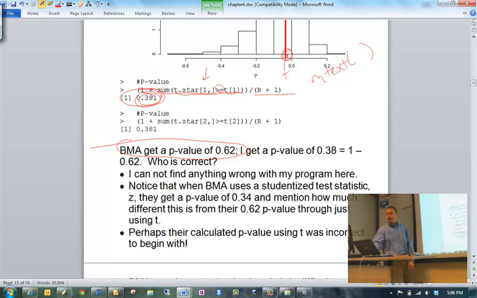It's kind of close to 0.38. And they remark, well, geez, this is kind of strange. Our p-value from this approach I got is 0.62, but using a different approach, I get something a lot different. And I still don't reject H0, but I get a lot different. So what I hypothesize is that perhaps their calculated p-value was incorrect.